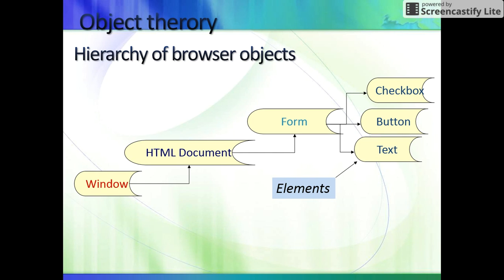The hierarchy of browser objects is as shown in the graphic. A window is an object which contains one or more HTML documents. An HTML document is an object which contains one or more forms. A form is an object which contains one or more elements, which could be a button, a checkbox, a text, etc.